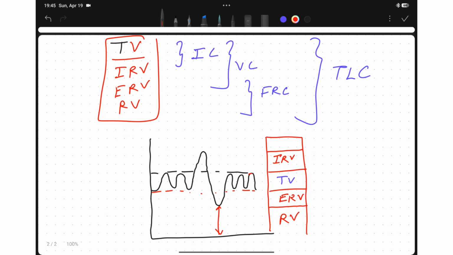And this whole value is functional residual capacity. Our FRC comes from this. So this is all about lung volume.